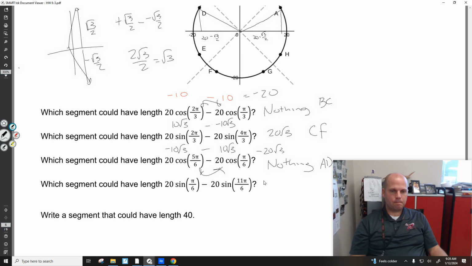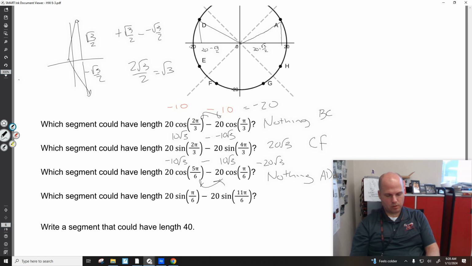Okay. I think this is going to be the same one, but I think it actually works out. Pi over 6, 11 pi over 6. 30-degree reference angles.